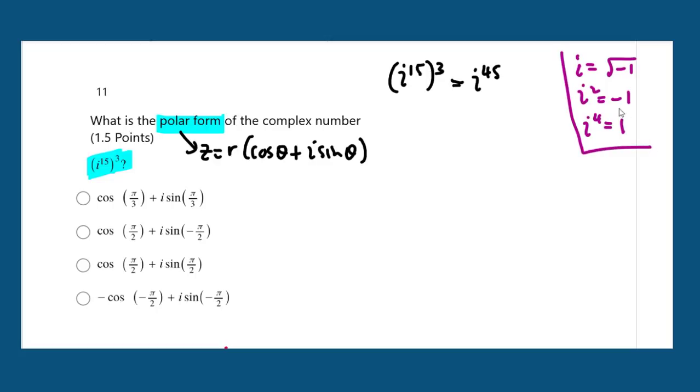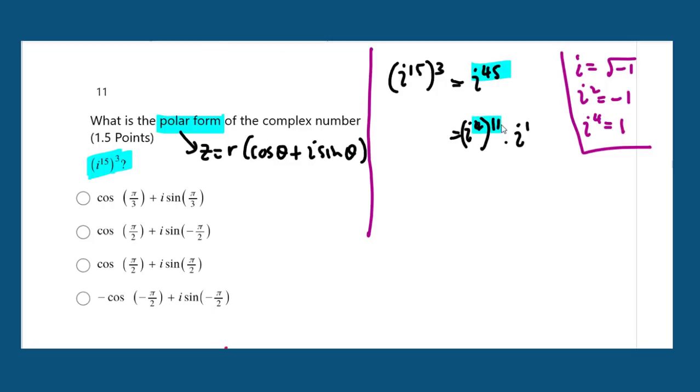Then simplify: i to the power 45 is equal to i to the power 4 times 11, then times i, since 44 plus 1 is equal to 45.